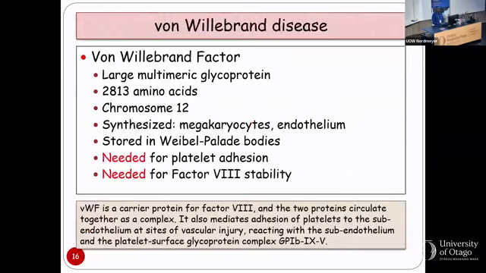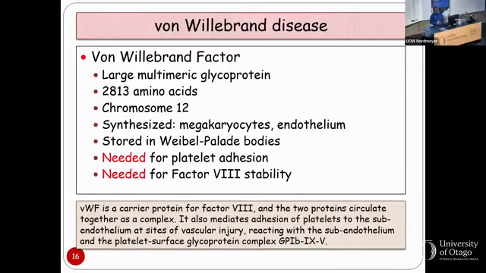Von Willebrand disease is not X-linked, so both males and females get it equally. The gene is on chromosome 12. It's a really big molecule. What it does is stabilize factor 8.